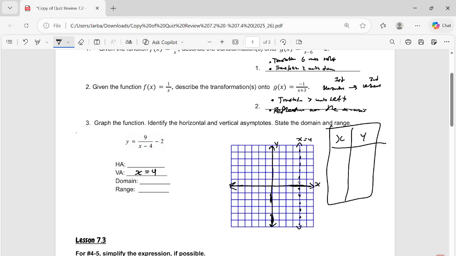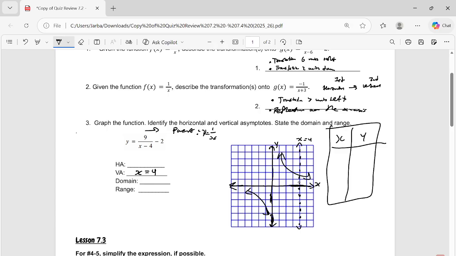I notice we have a shift 2 down. That's going to shift the horizontal asymptote of 1 over x, because our parent function is going to be 1 over x, or y equals. And this minus 2 is going to move it down from it looking like this.